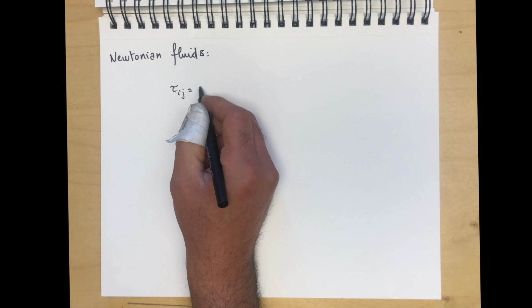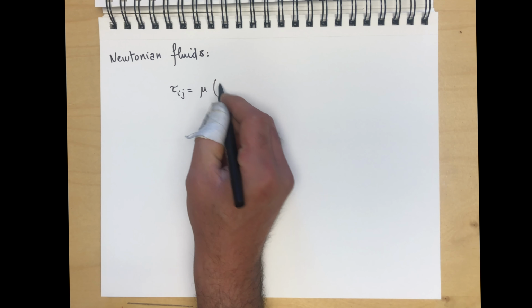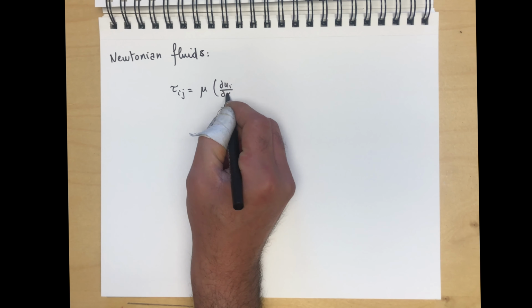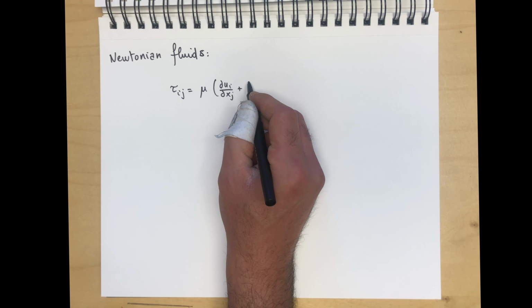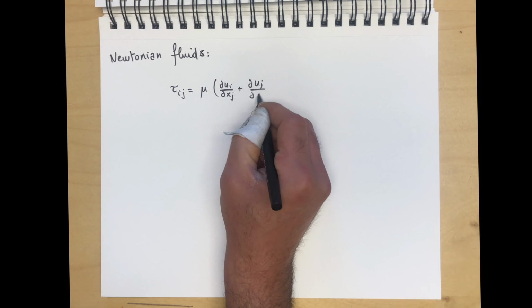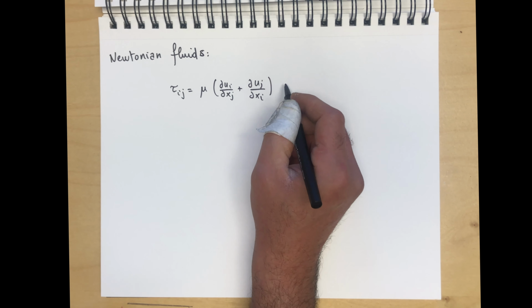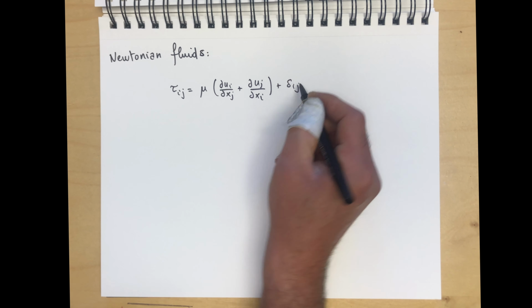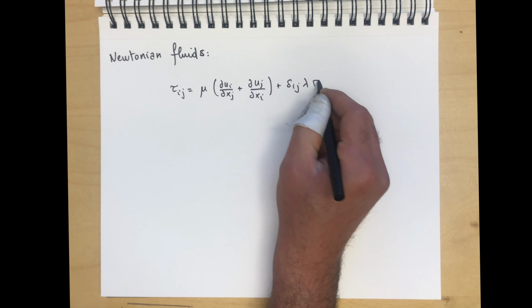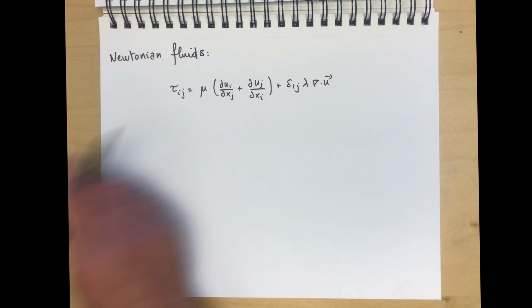Tau ij is equal to mu (dui by dxj plus duj by dxi) plus delta ij lambda div u.